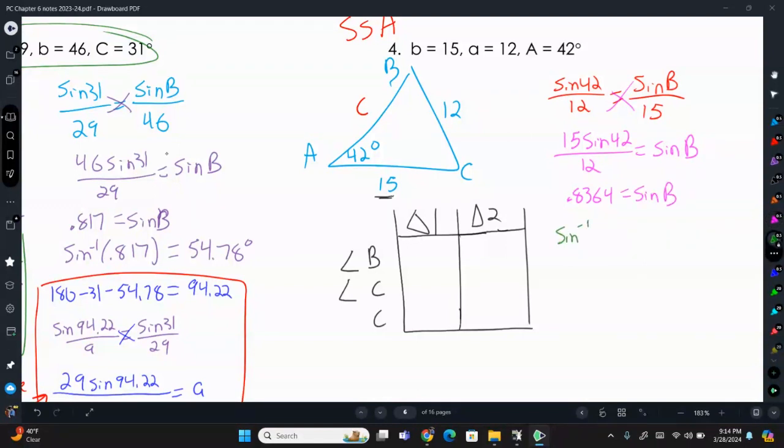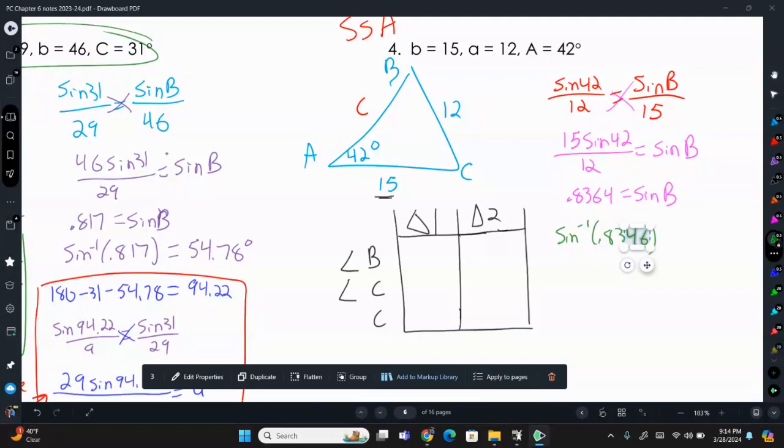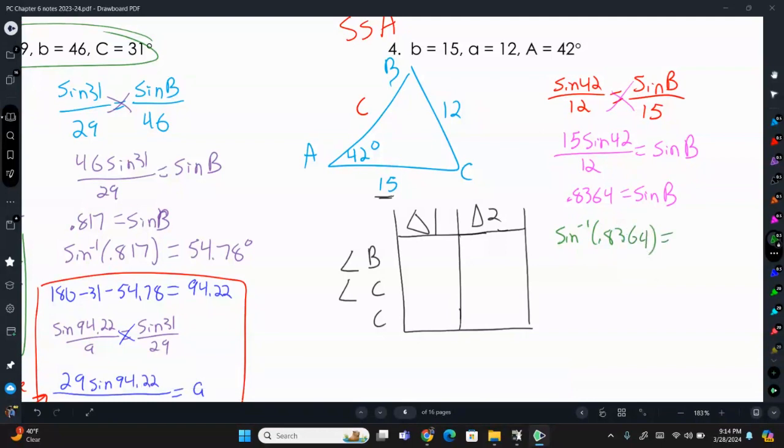So then B is equal to the inverse sine of 0.8364. We get 56.76 degrees. So angle B is 56.76 degrees.